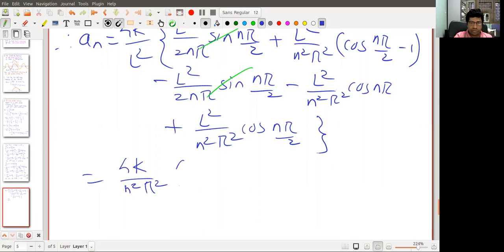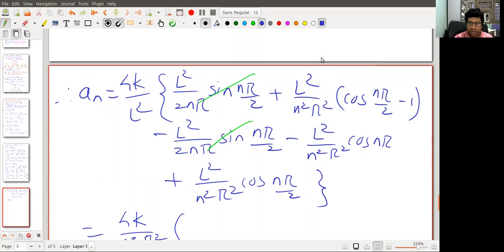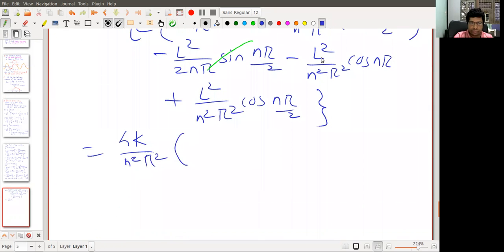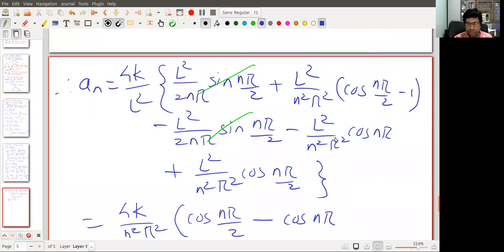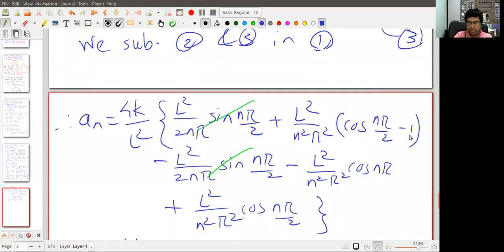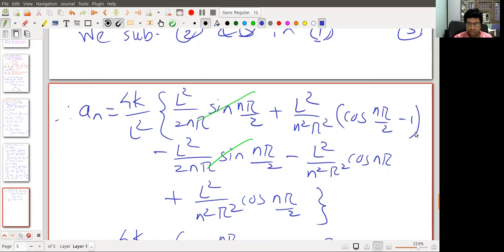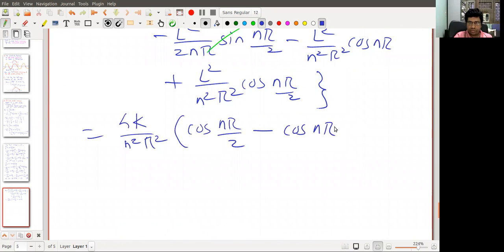Multiplied by, okay, this is 2 times cos n pi by 2. And this term minus cos n pi, and this term minus 1. Okay, so minus 1. Okay, so all these are an.